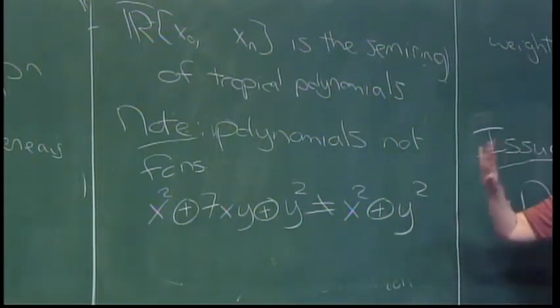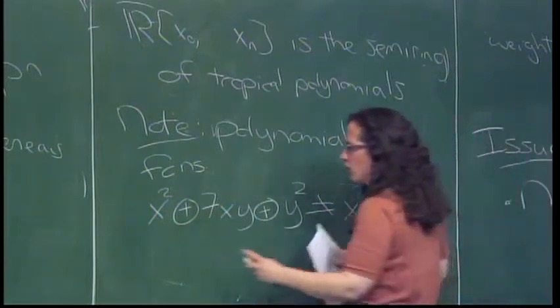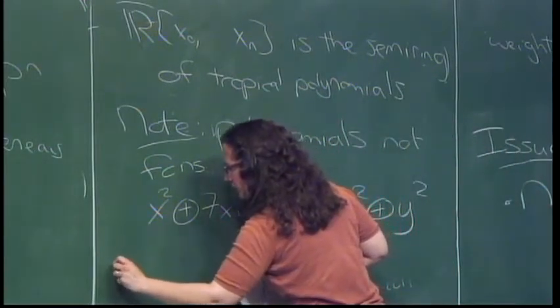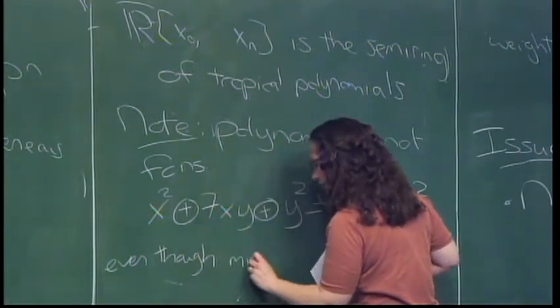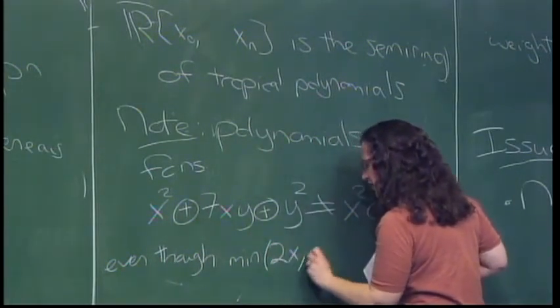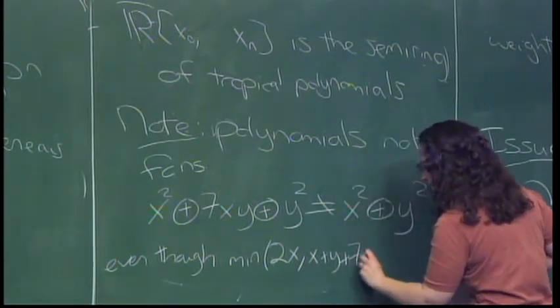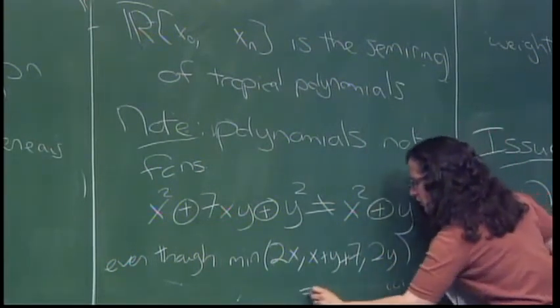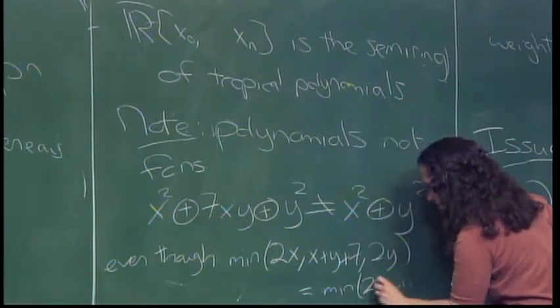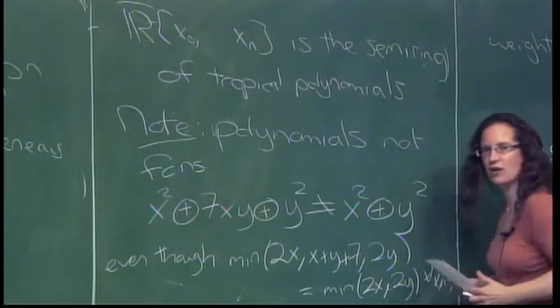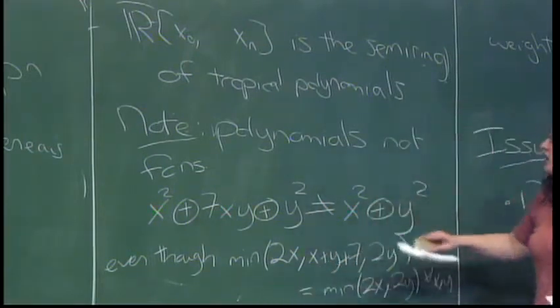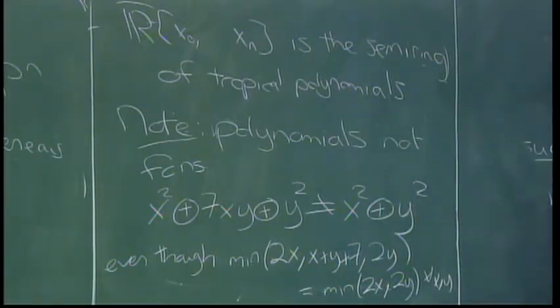Okay, so I want to regard these as different polynomials, even though the minimum of 2x, x plus y plus 7, and 2y equals the minimum of 2x and 2y for all x and y. Okay, and the reason for this is that this will make it more straightforward to define what sort of ideals I want to talk about later. Okay.